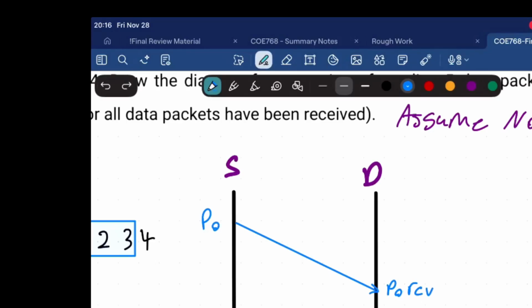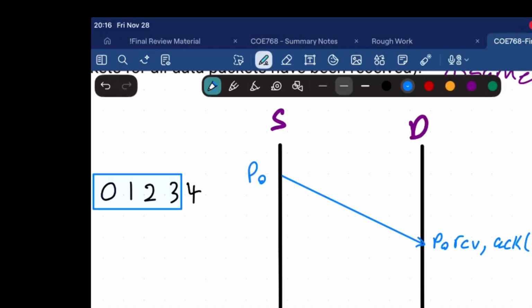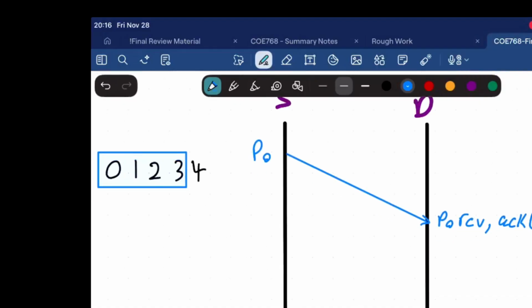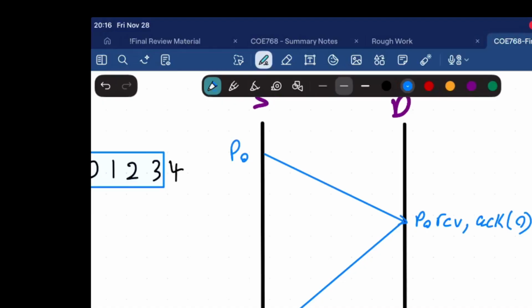P0 has been received, and once it's received, it sends the acknowledgement that 0 has been received, and we can continue from here. So we'll show the acknowledgements going the other way. That's for P0.